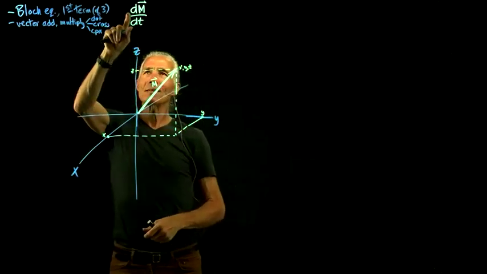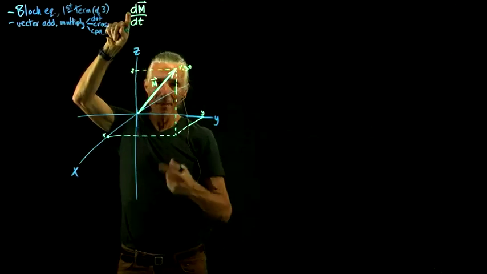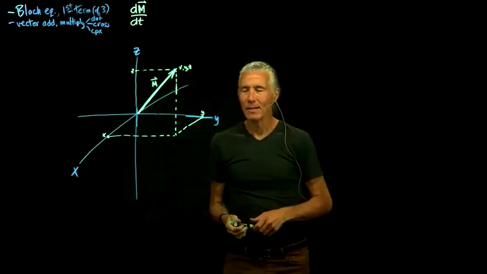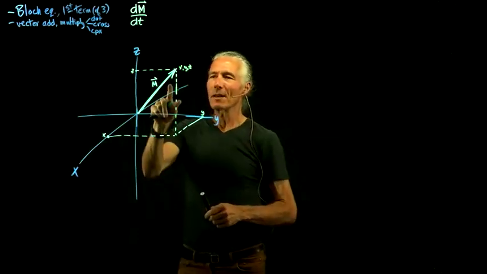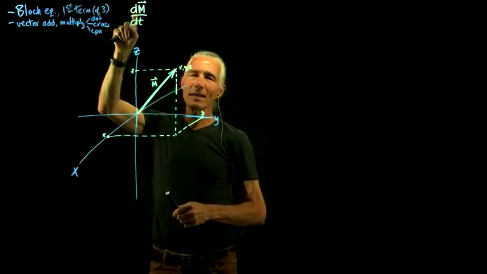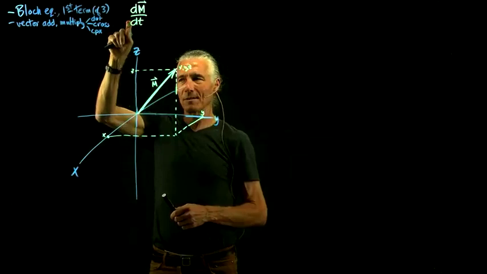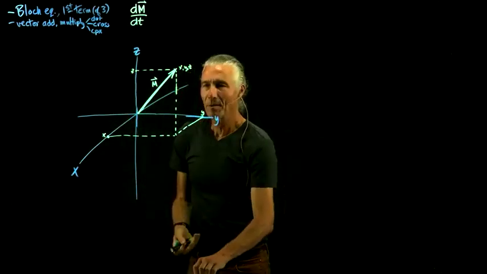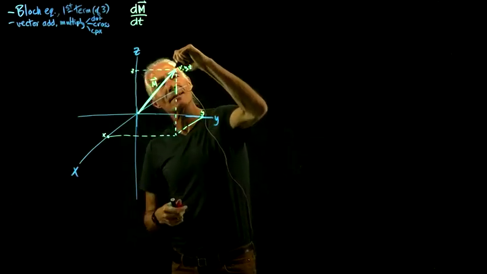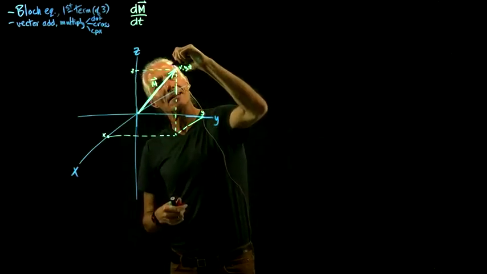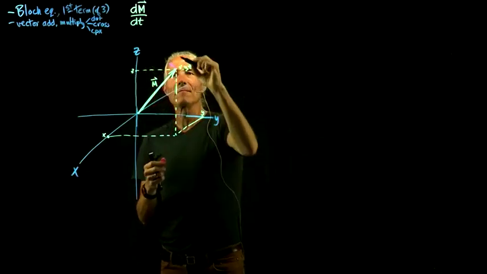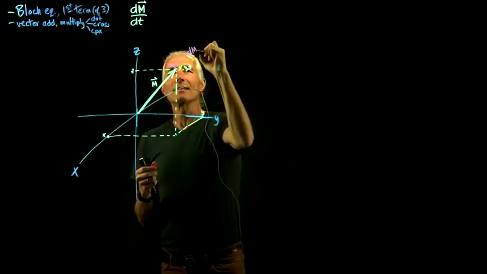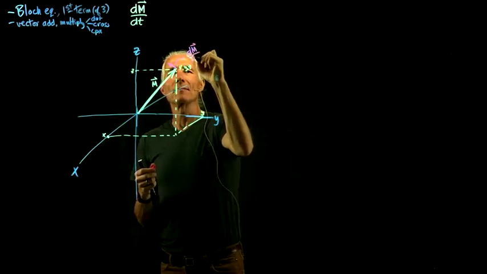So this thing is another vector, a smaller vector, and that vector says how the m vector is going to change. What's the change in the m vector, which is a vector? What is that vector? That guy is, say, like that. That one is the change in the m vector over a short period of time.